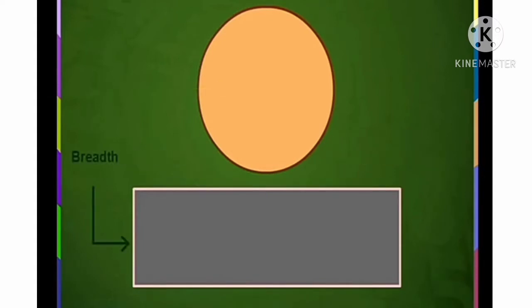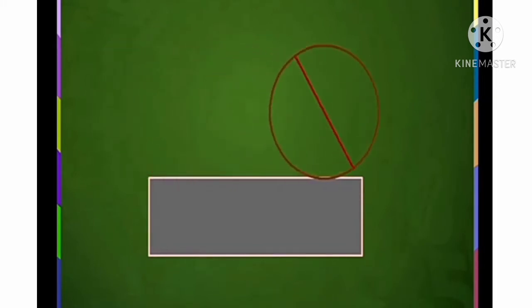The breadth of the rectangle, as you can see, is equal to the radius of the circle. Now, to find the length, we need to look at the circumference of the circle. When we compare the length with the circumference, we see that the length is half of the circumference of the circle.